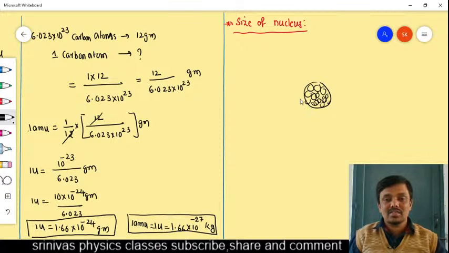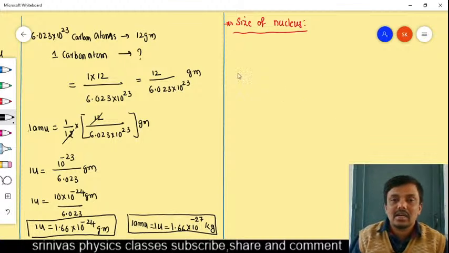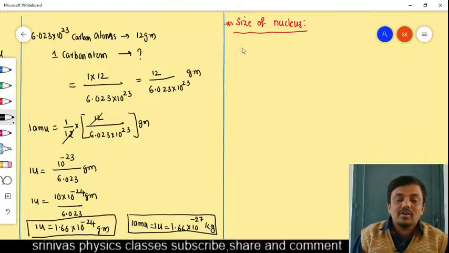Size of the nucleus, I want. Size of the nucleus means volume of the nucleus. If in the nucleus more nucleons are there, nucleons means what? Protons and neutrons collectively are called nucleons. Okay, and size of the nucleus is what?